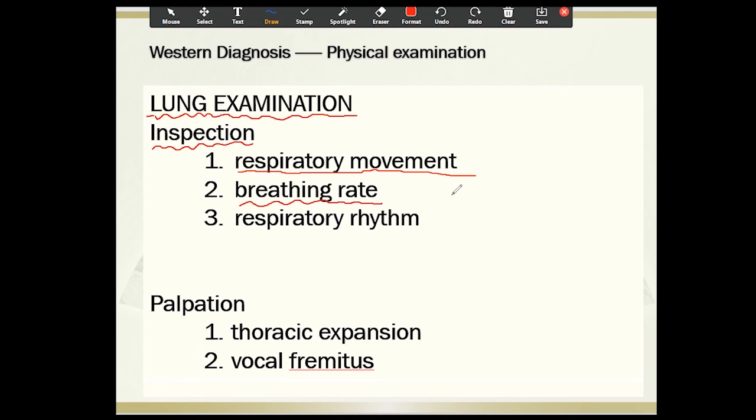When we talk about vital signs, we say we have 4 important vital signs, including the heart rate, the body temperature, the blood pressure, and another important one, the respiration rate.